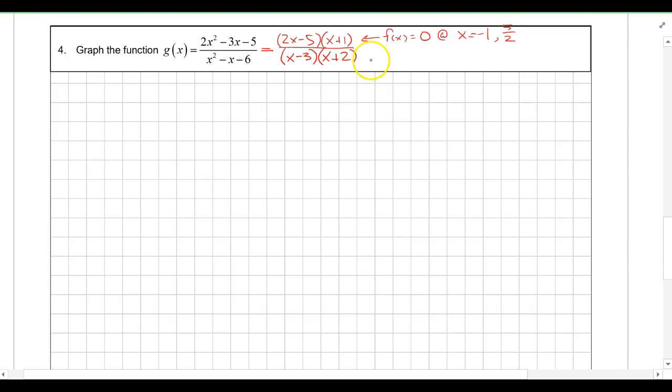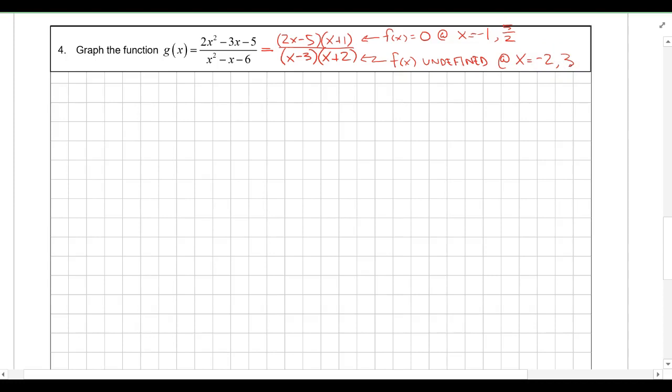Okay. I also know that my denominator will equal 0 at a couple places, so that means f of x will be undefined at x equals negative 2 and positive 3.